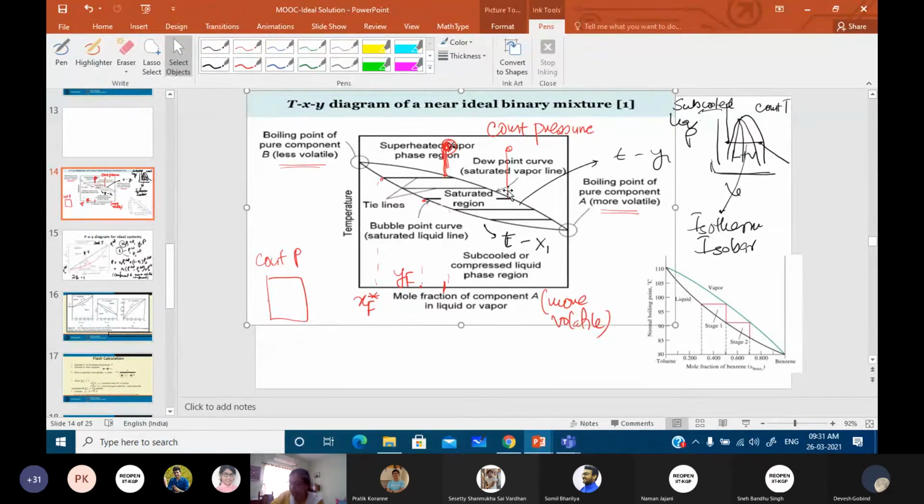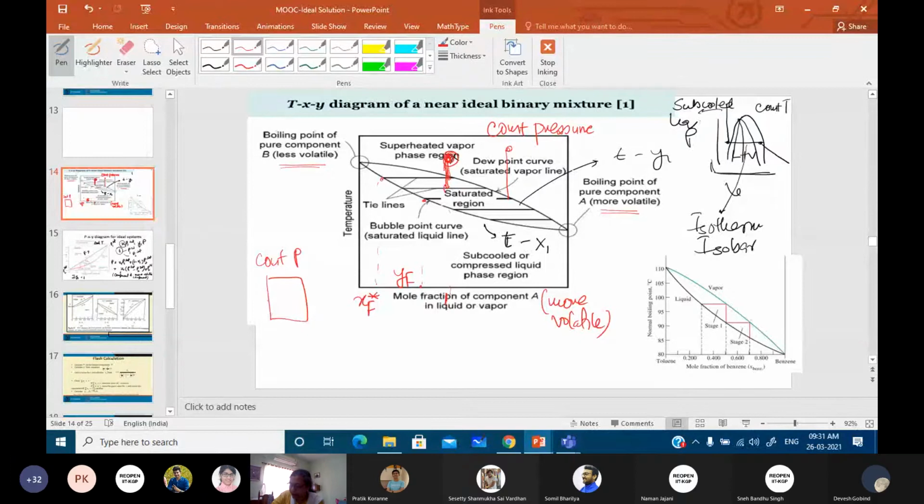Because the moment the saturated vapor touches this particular point, the first dew appears. Right? Now after this, if we continue, what do we find? We find that gradually we enter the two-phase region, which is bounded by the saturated vapor and the saturated liquid curves.